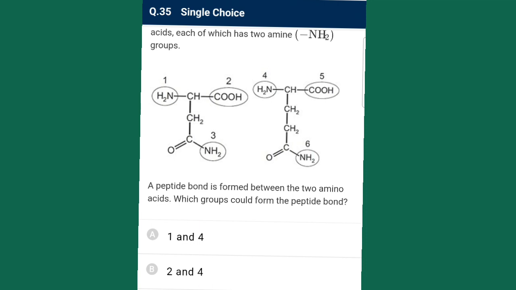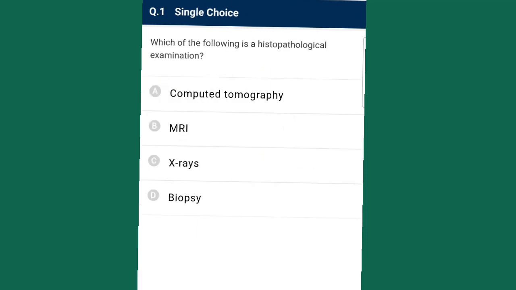This leaves a carbon atom of the first amino acid free to bind with the nitrogen atom of the second, and the resulting link is called a peptide bond. So the answer is option B, second and fourth one.